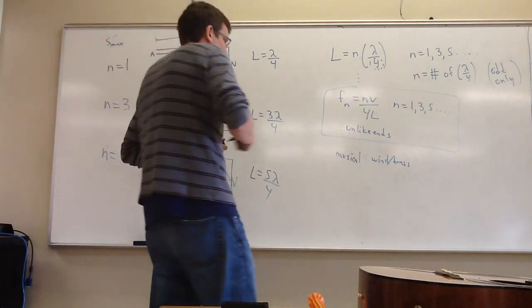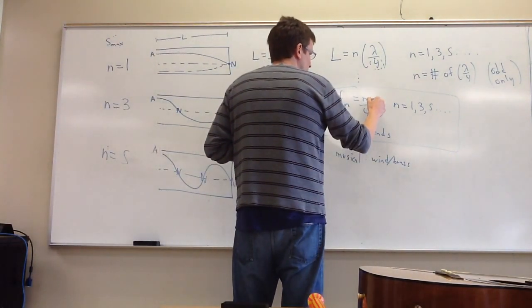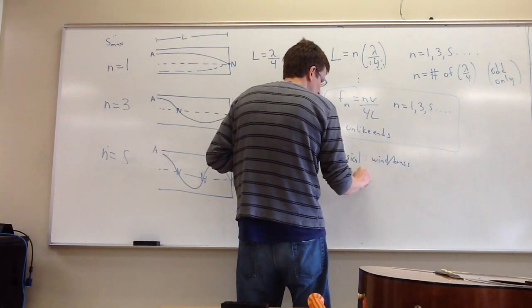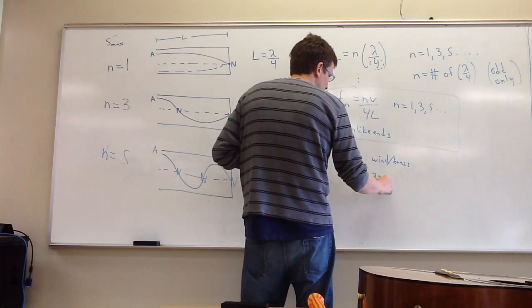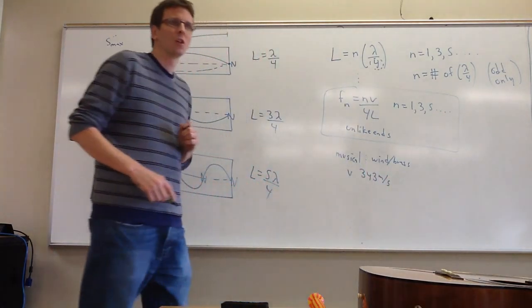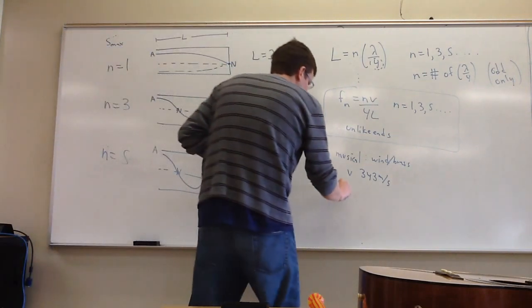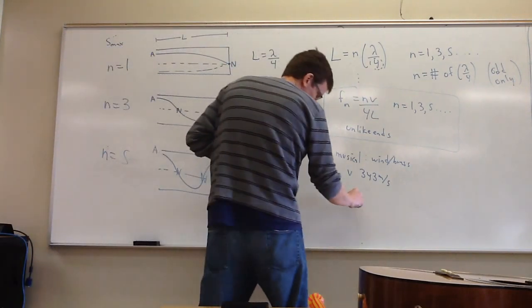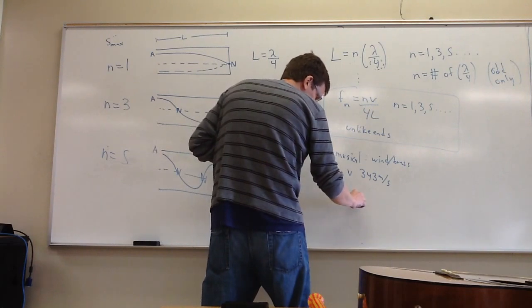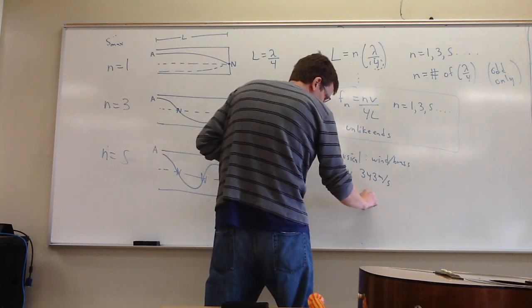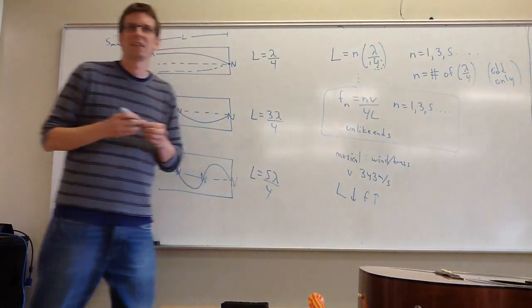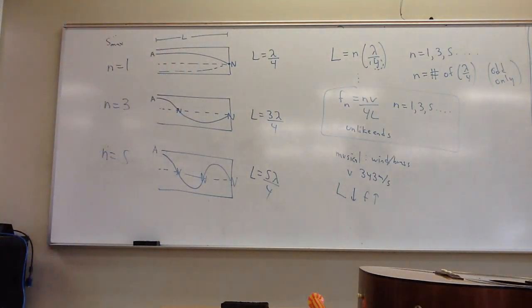One of the things that you're limited by, of course, is that V is fixed, right? V is 343 meters per second. Now, L, same deal. If your L decreases, your frequency will go up. So that's what the keys are mostly for, right?